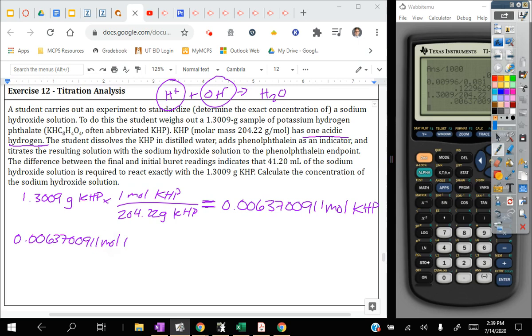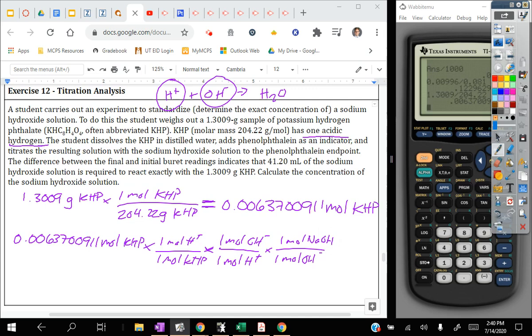0.006370091 moles KHP times 1 mole of H plus for every 1 mole of KHP. And then I also know it's a neutralization reaction, so 1 mole of H plus will neutralize 1 mole of OH minus, and I can figure out exactly how many moles of OH minus I need. I also know that 1 mole of OH minus is equal to 1 mole of NaOH because I have 1 mole of OH per mole of NaOH.